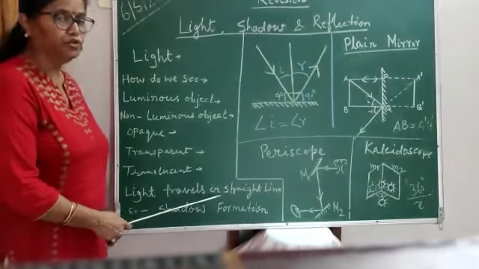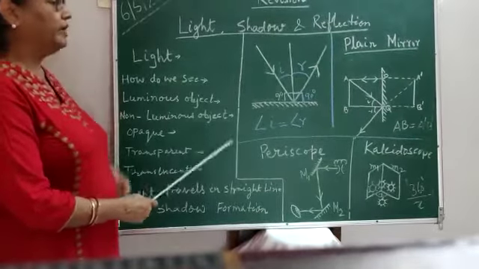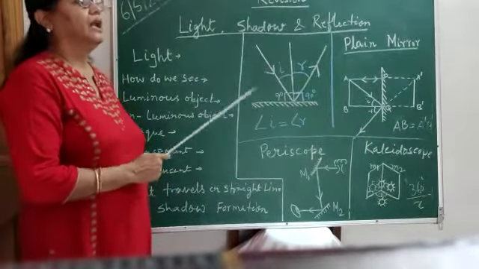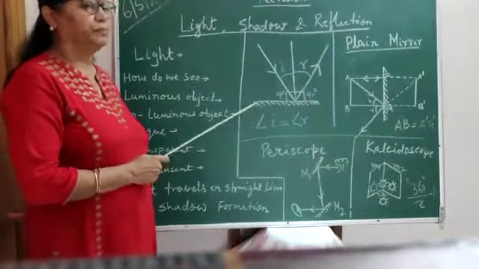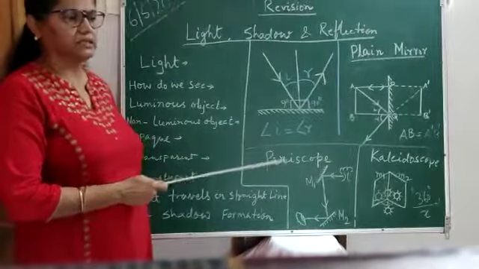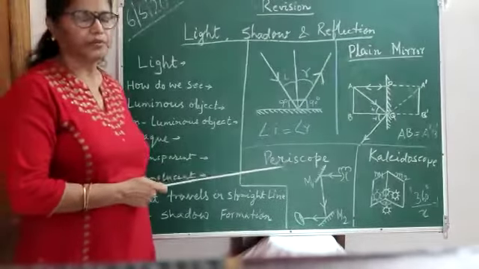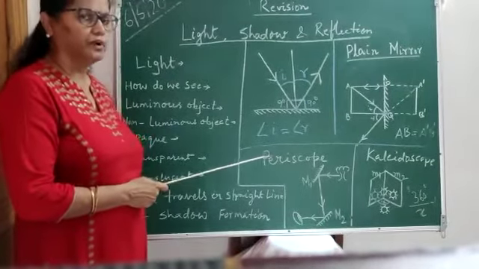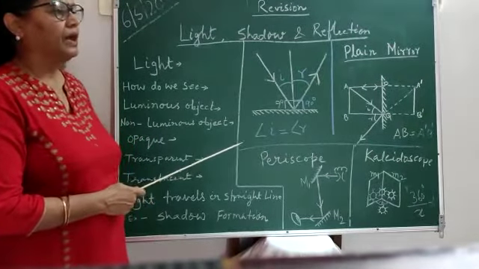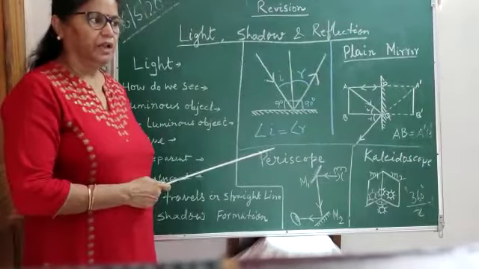Now I had taught you how shadow is formed. When sun rays fall on any opaque object, the opaque object blocks those sun rays, and if there is a screen, a shadow is formed. Suppose we are out of the house in the sunshine during daytime, our shadow is formed.